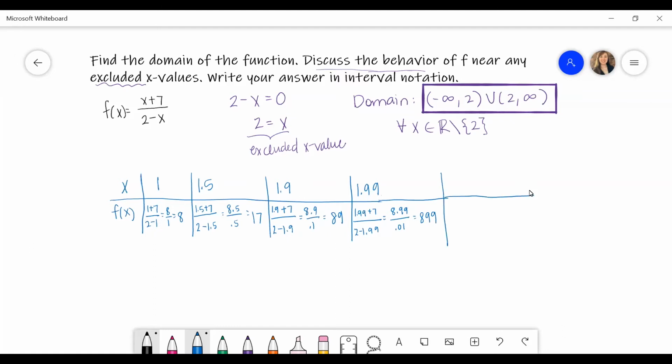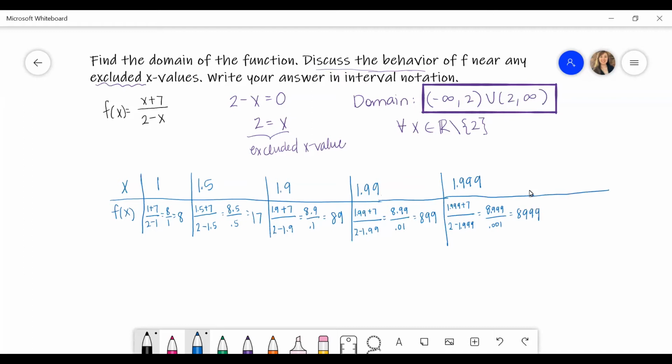Let me do one more just to be consistent with what we had in the previous example. So 1.999 plus 7 divided by 2 minus 1.999. So that's 8.999 divided by 0.001, 8,999.